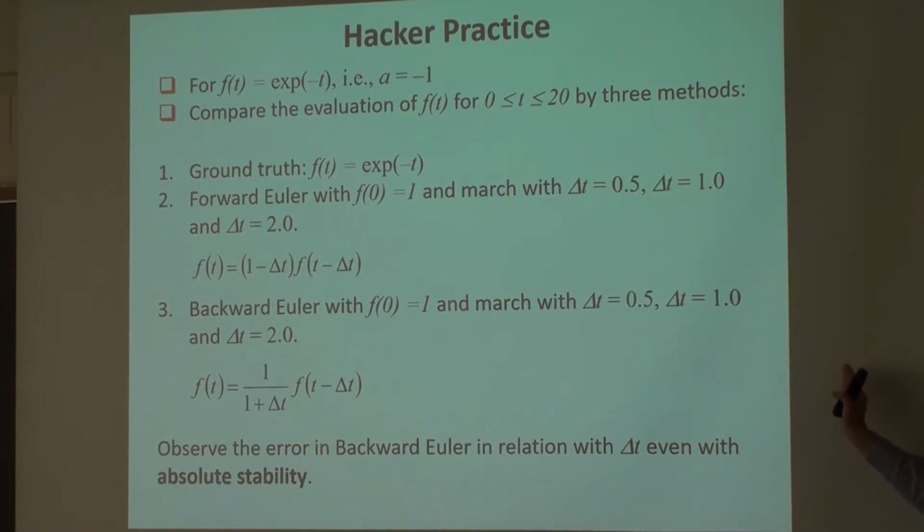Your forward Euler, when you choose your delta t appropriately, gives you the right solution, even though it's not the absolutely stable method. Whenever you do a verification, stability affects how it behaves asymptotically. Accuracy affects how accurate it is at each time point. These are two separate things.